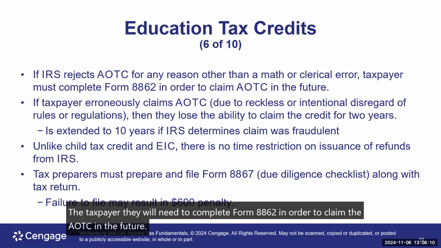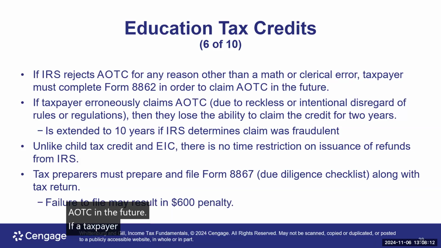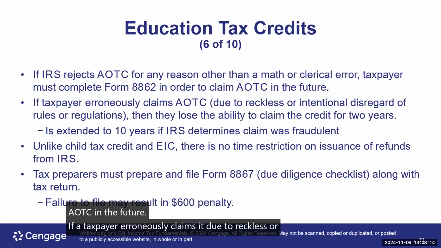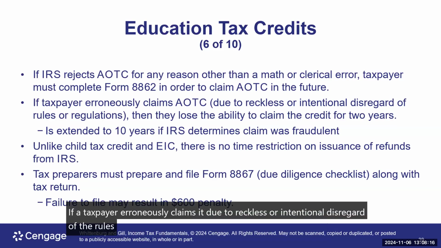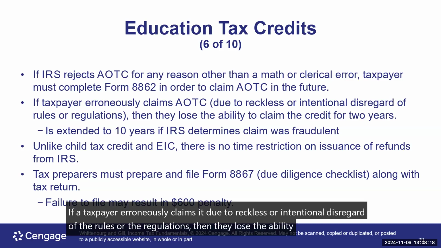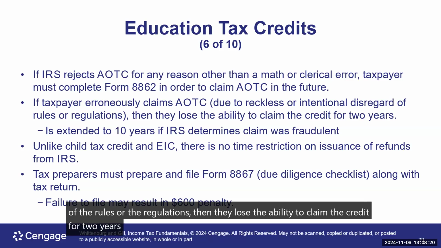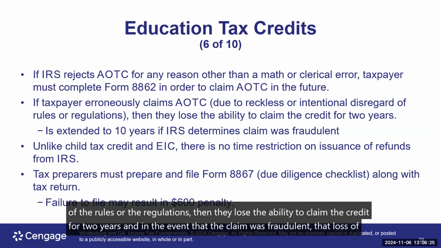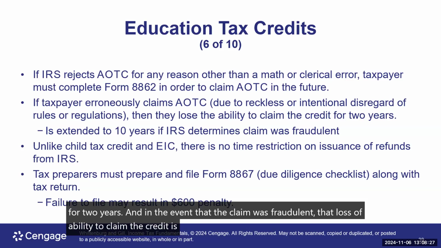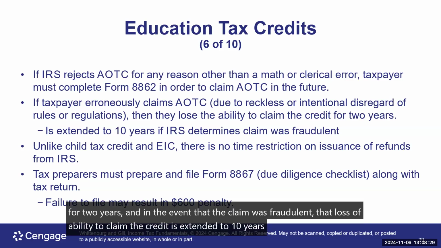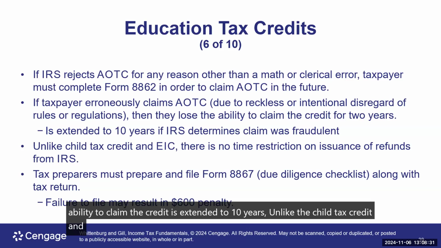If a taxpayer erroneously claims it due to reckless or intentional disregard of the rules or regulations, then they lose the ability to claim the credit for 2 years. And in the event that the claim was fraudulent, that loss of ability is extended to 10 years.